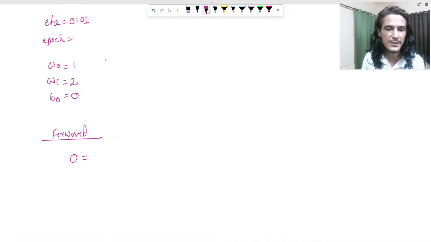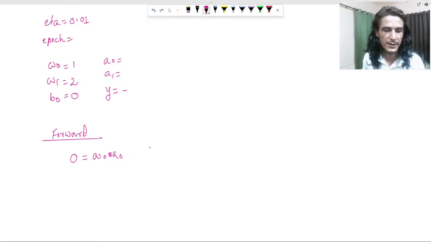Also we have these inputs: A0 equal to whatever that number, A1 equal to whatever that number, and also the output that we want. So O will be computed in this way, W0 multiplied by A0 plus... okay, I'm sorry.